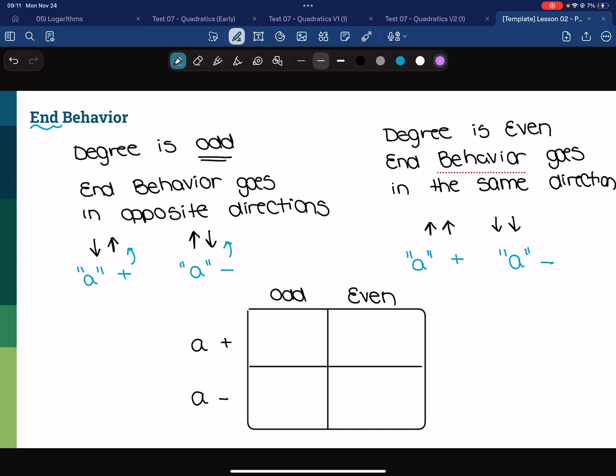So when I think about something like that, odd, opposite, but it's going to end positive. Even, they're going to both be going up, because they always end with the behavior that we're talking about, positive or negative. For the odd, with that negative, we'll switch it. And even will go down and down. You don't have to set it up exactly like this chart, just whatever way works for you.